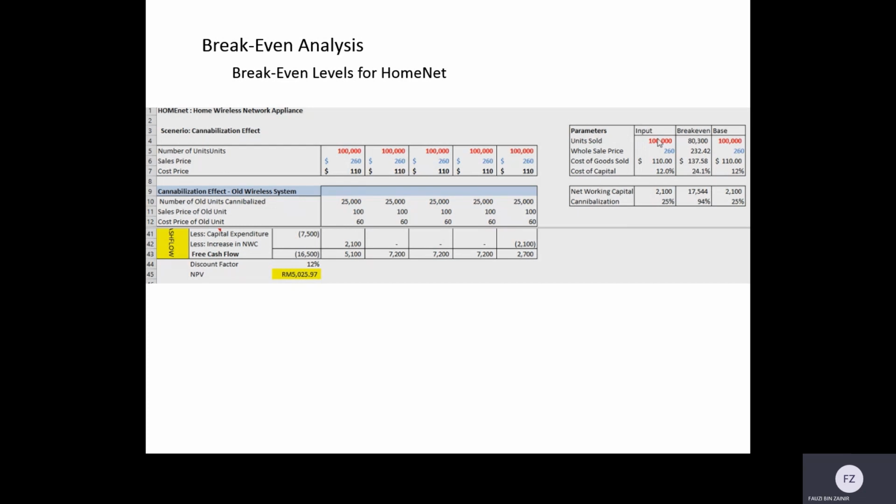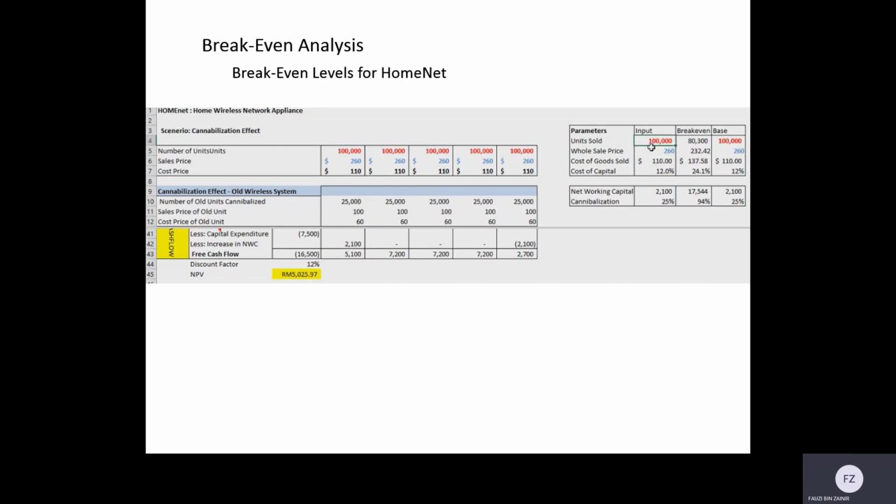Let's look at how it does it. If I input 80,000, I just copy it, so you have 80,300, and the number changes to 0.25. Let's look at other numbers.